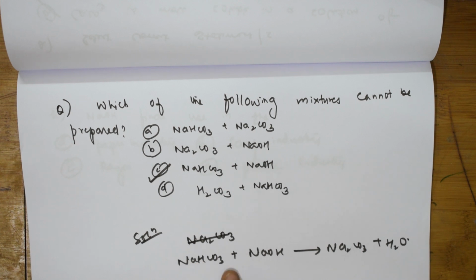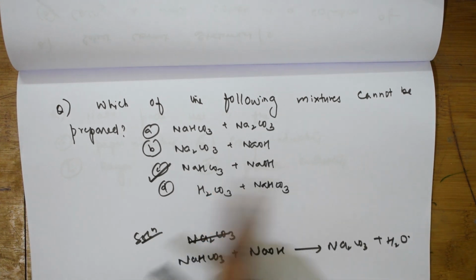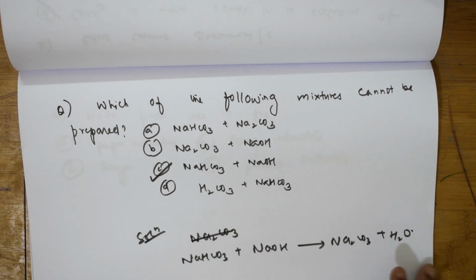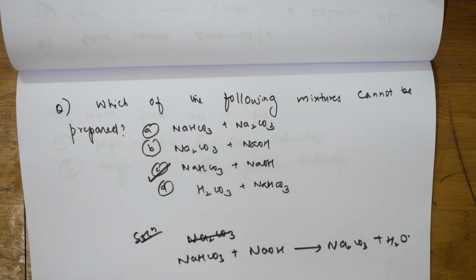So it can give up the H plus proton to give CO3 2 minus, which is its conjugate base. That is why this combination is not possible. It cannot be prepared. The reason is that the bicarbonate is still an acid, and it can always lose its proton when it dissociates, giving carbonate as its conjugate base.